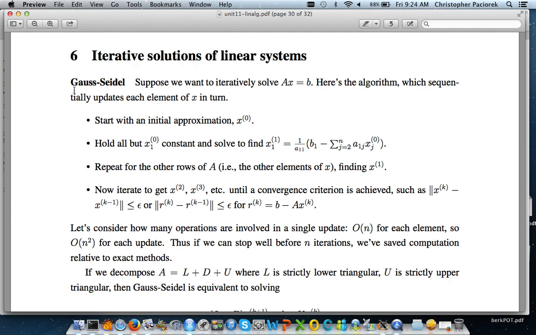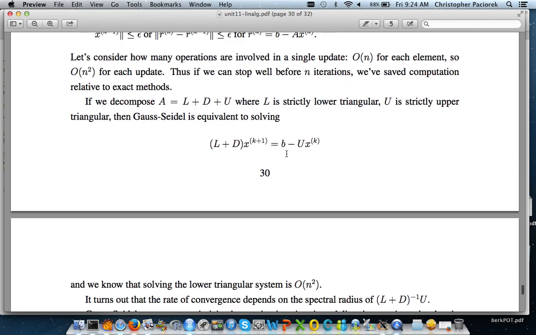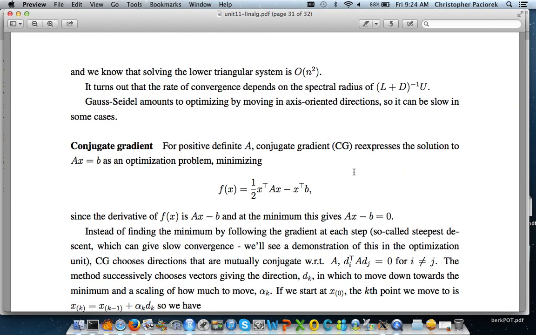We're actually going to see Gauss-Seidel in the optimization unit, so I'm going to skip over that here. But basically, the idea is instead of trying to solve the whole system at once, you're trying to find this vector x, and you start with some initial vector x, and then you try to tune each of the successive elements of x and get closer to the final solution, and you work in an iterative fashion.